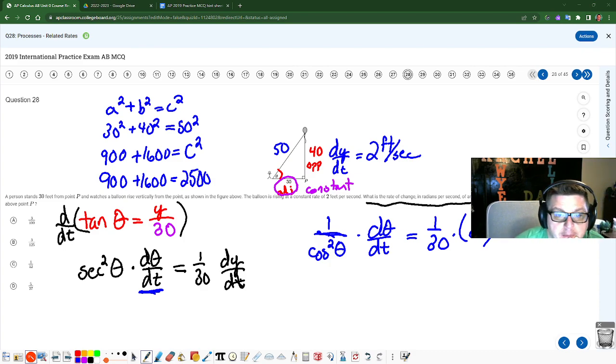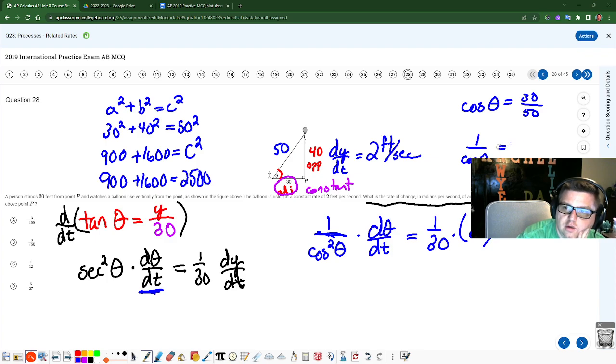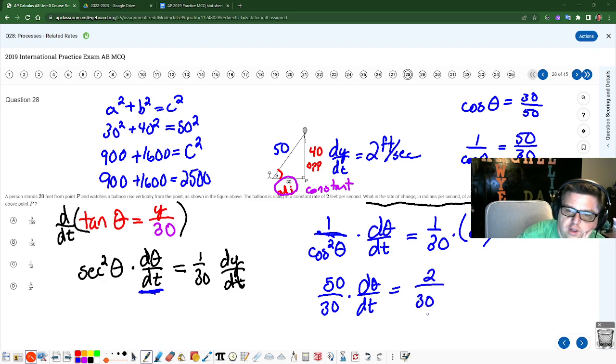Pythagorean triple. So now, when we're looking for the cosine of theta, the cosine of theta equals adjacent over hypotenuse. So 1 over cosine theta just means that we're going to flip the 50 and the 30. So then this becomes 50 over 30 times d theta/dt equals 2 over 30.